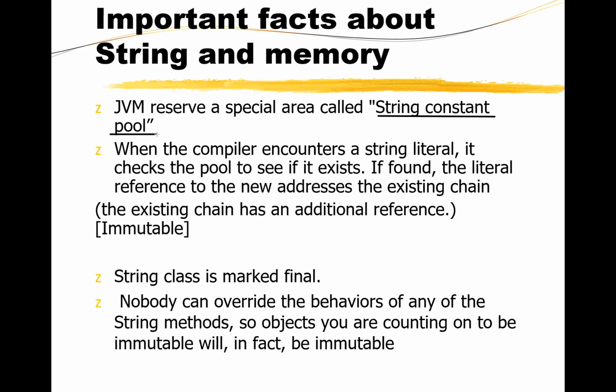Therefore, if you create, for example, in your code, string a equals abc, and later on you again write string b also equals abc, and again if you write string x also equals abc.